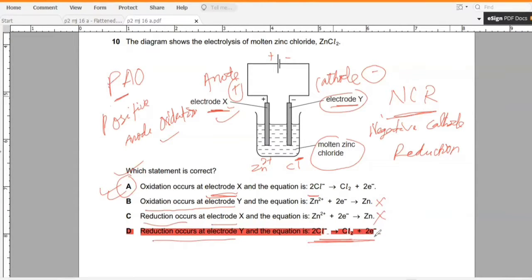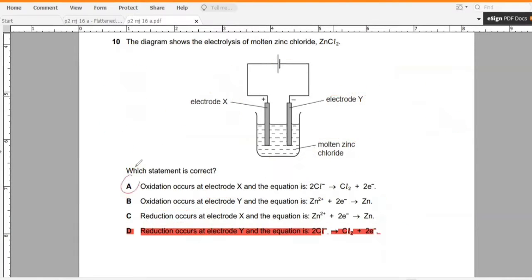Chlorine gas is produced, and 2Cl. This is also not produced. This is also not the right choice. The correct answer is option A. Okay, this is the right answer. Shall we move on to the next question?